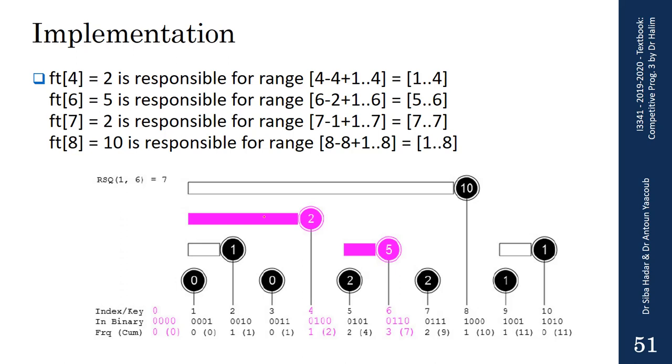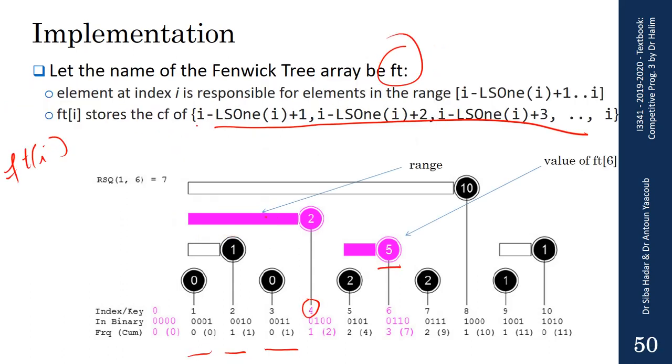Let's take ft of 4. It is responsible for the range from 1 to 4. How can we calculate that? It's written here: it covers the range from i minus ls1 of i plus 1 till i. Here i is equal to 4.